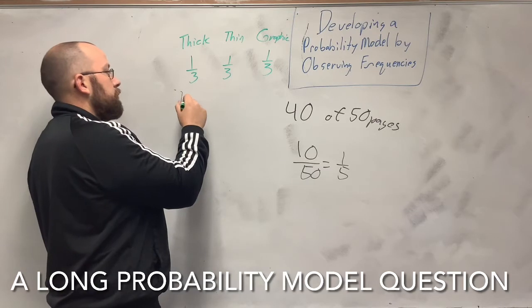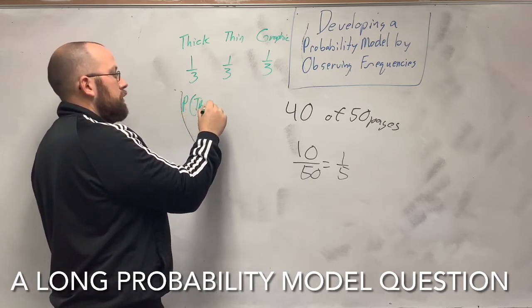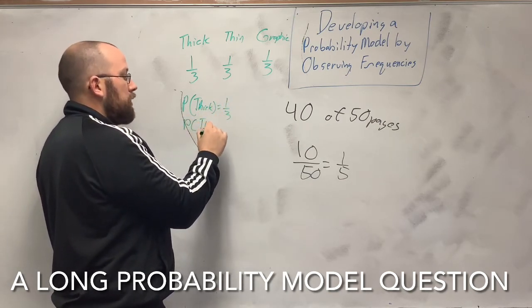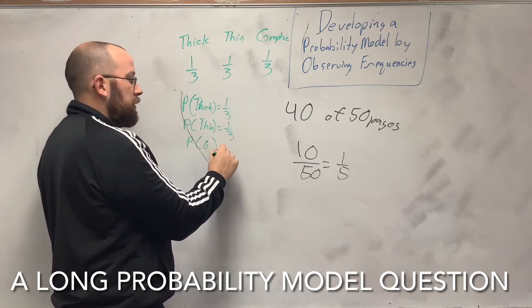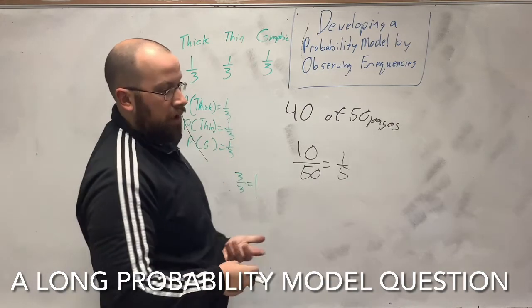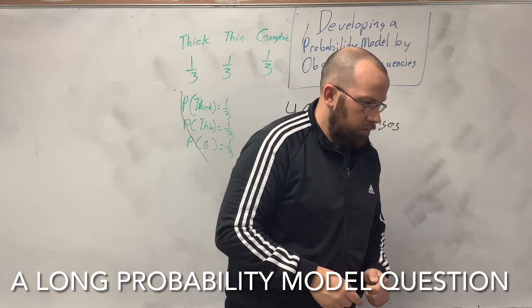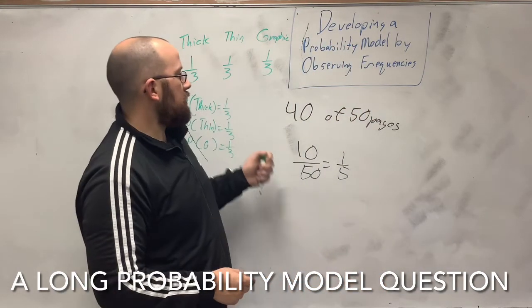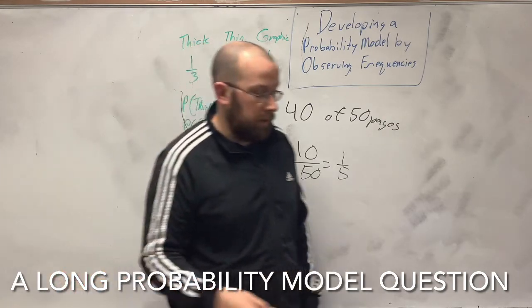Yes, because the probability of me getting a thick border is 1/3, the probability of me getting a thin border is 1/3, and the probability of me getting a graphic is 1/3. You add those all up and you get 3/3, which is equal to 1. And they're all the same. So all the sizes of borders have equal probabilities. So that is a uniform probability.